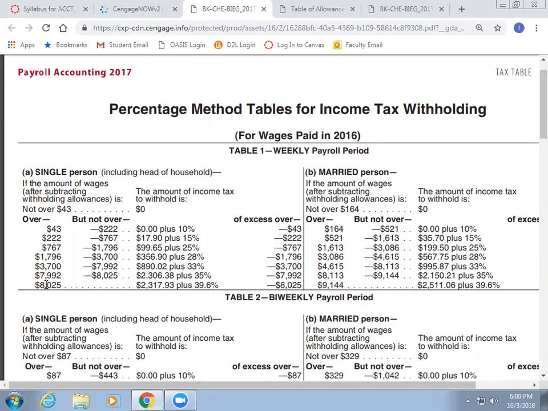Okay, so I'm going to do the $17.90 plus 15% of whatever they make over $222. So I'm going to take 519.20 minus $222.